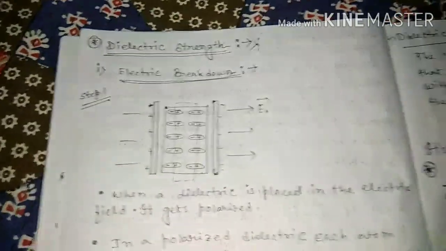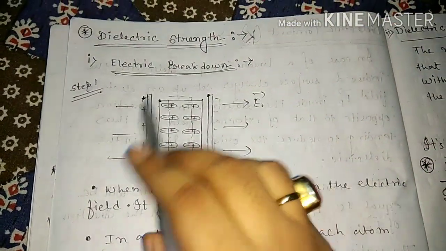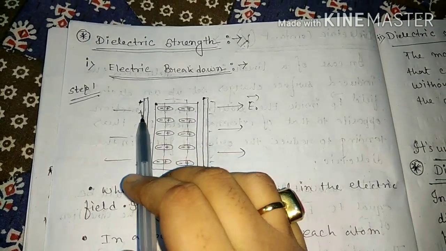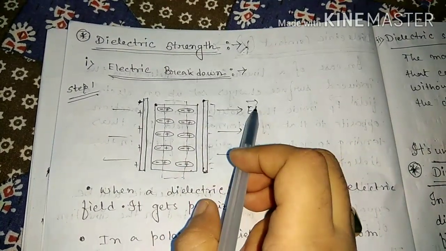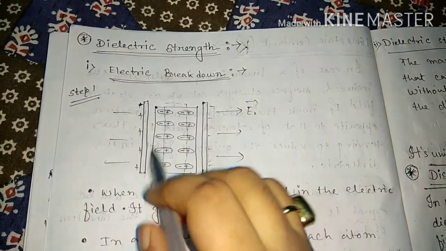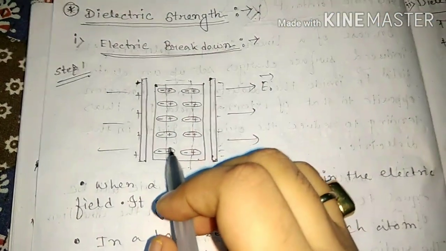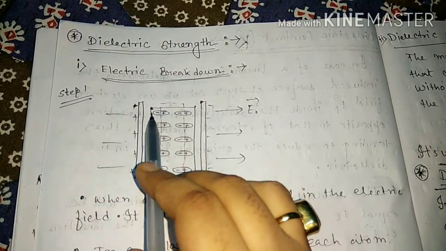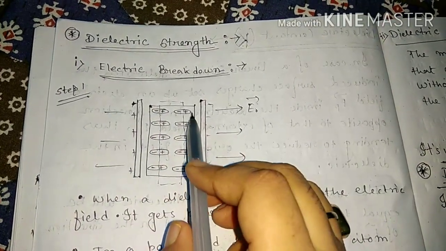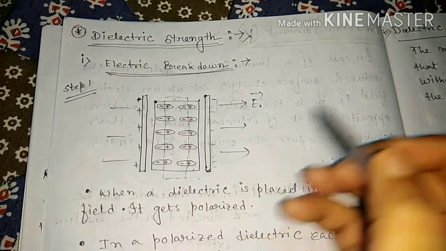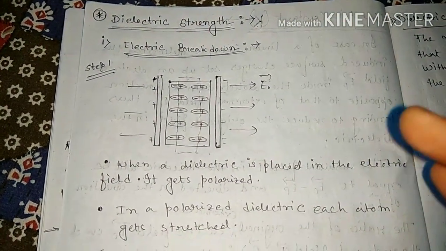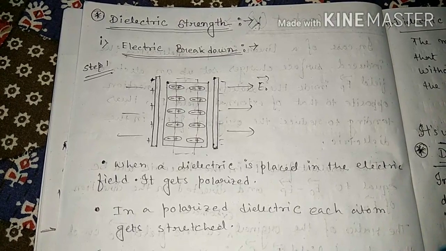So what is electric breakdown? Let's first draw the previous diagram. These are the two plates, positive charge, negative charge, external electric field. In between them we place a dielectric slab, and the plus and minus charges neutralize each other, so we have only negative charges on the left side and positive charges on the right side. That means it gets polarized, and in a polarized dielectric, atoms get stretched.